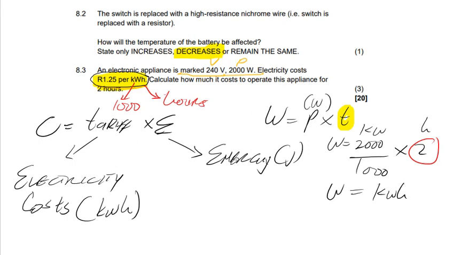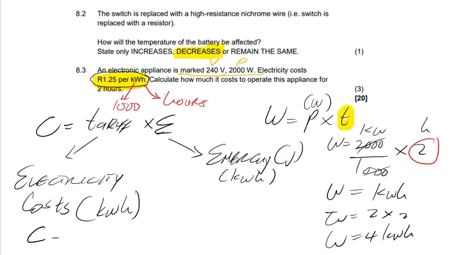So your cost will be 1.25. This is how much the tariff is, per kilowatt hour. This is how much you buy it for. Then you multiply it with your work or energy. So you multiply it with 4. Let's calculate this.